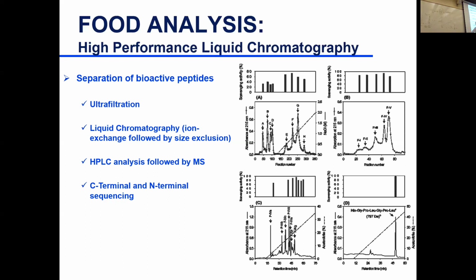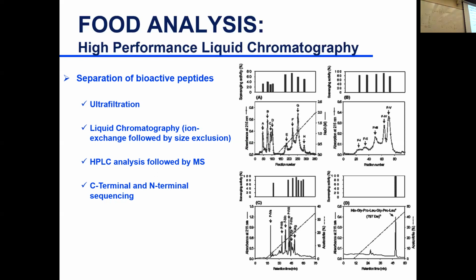What you do is you get fractions. You collect each fraction and you measure activity, antioxidant activity. And you see, okay, this fraction G has the highest activity. So I collect this fraction G and subject it to size exclusion.